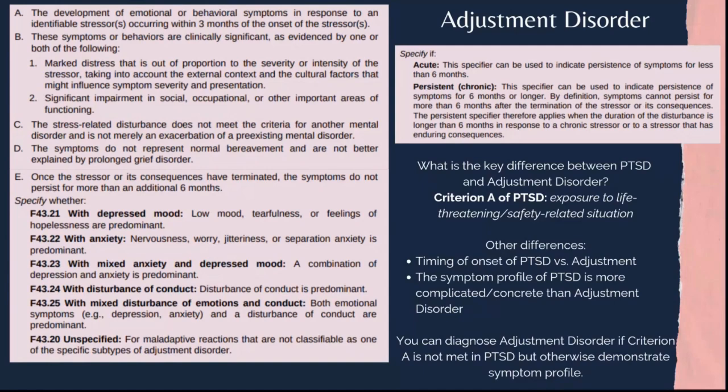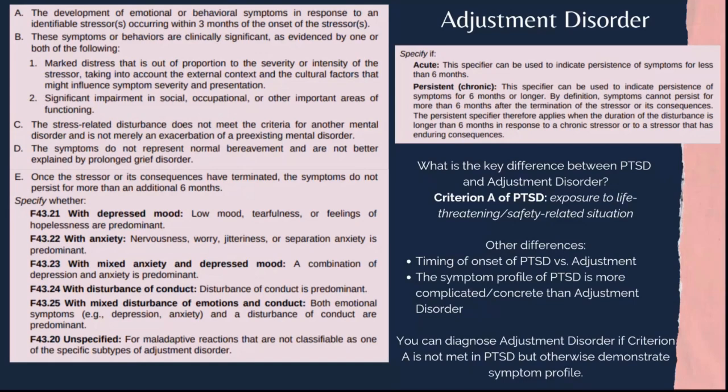But in most cases, these symptoms have to abate by 6 months. So we have that time range: the symptoms occur within 3 months of the stressor, but then they go away within 6 months.